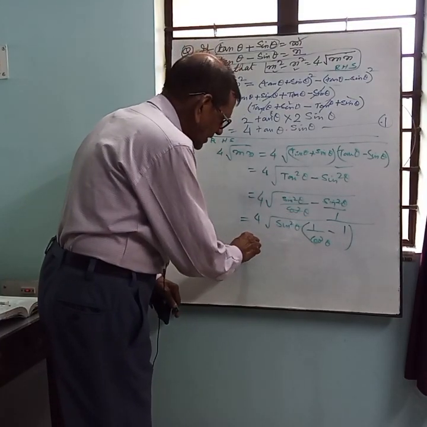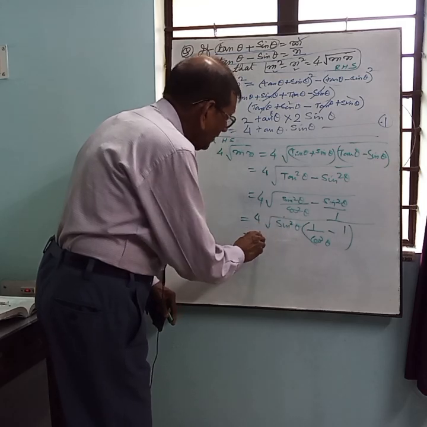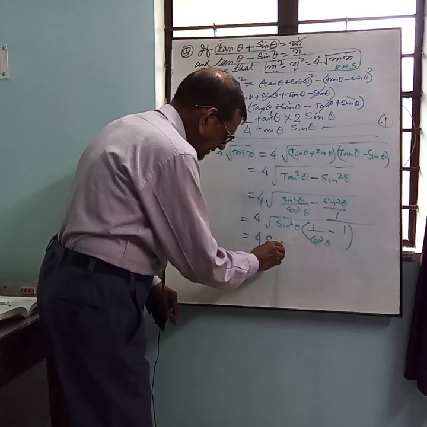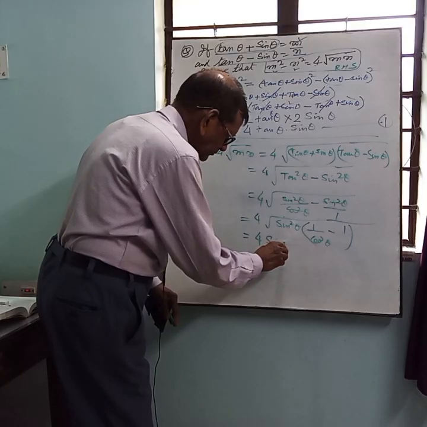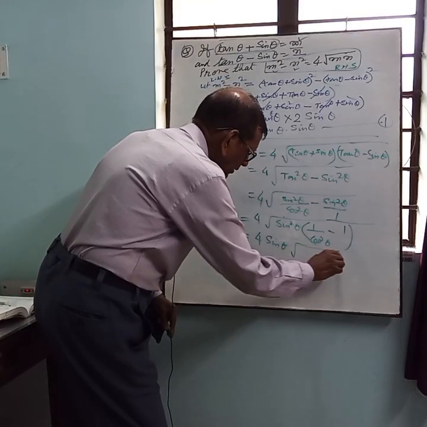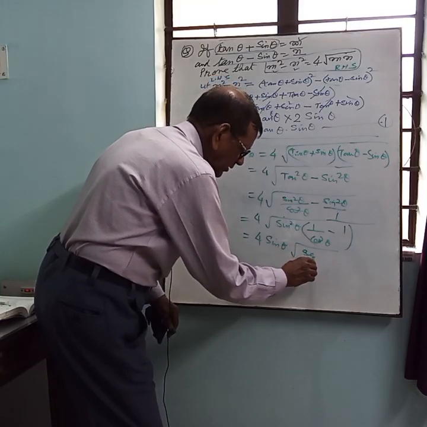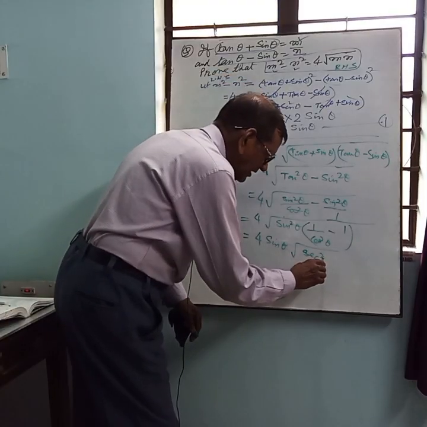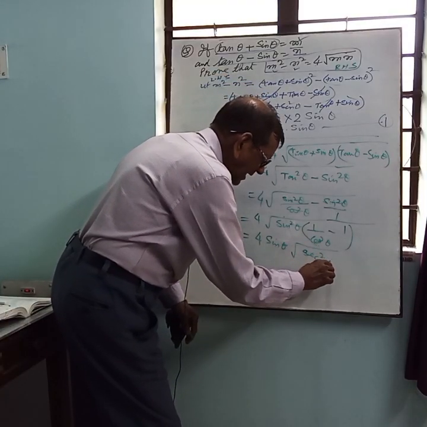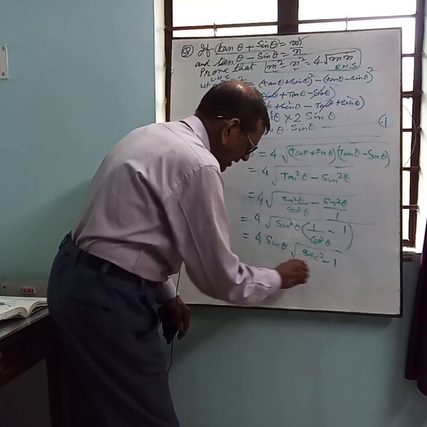Now here sin square theta and square root will become only 4 and sin theta. And under root 1 by cos square theta is equal to sec square theta. 1 by cos is sec, square is sec, minus 1. Understand? Sec square theta minus 1.